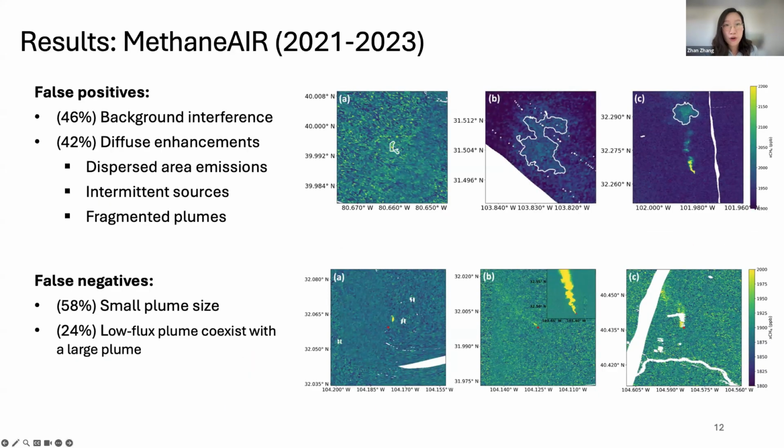Starting with the false positives, among these 181 false positives, about 46% were due to background interference, such as the effects of nearby emissions, surface heterogeneity, clouds, or instrument noise. In the top panel, figure A is an example of this background interference.